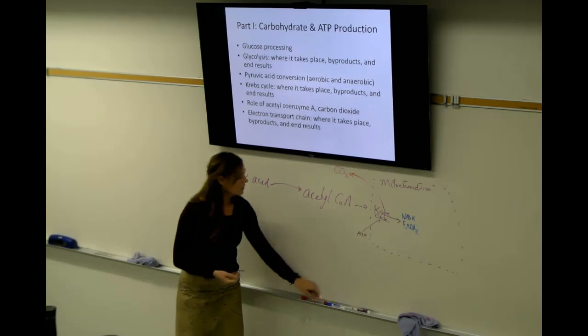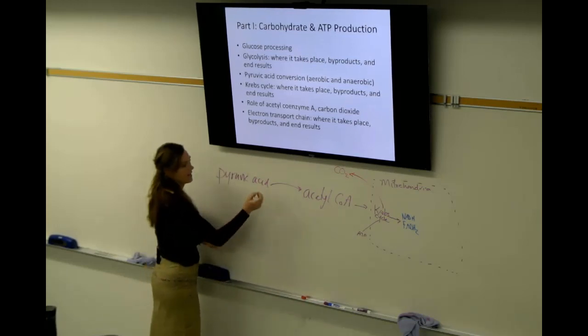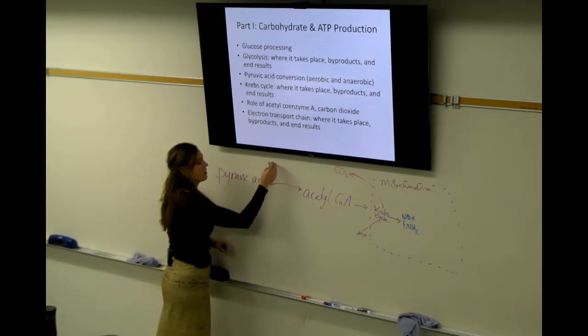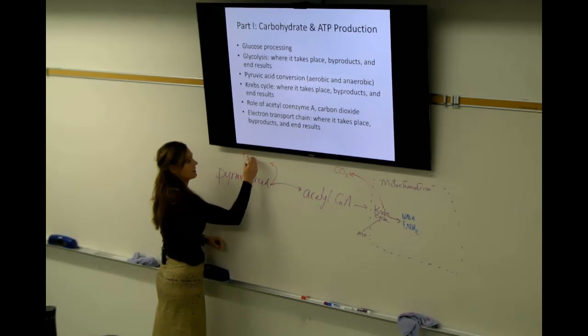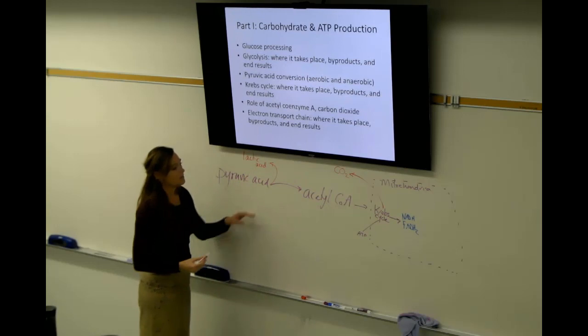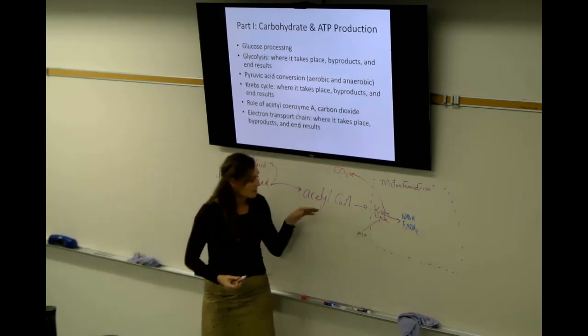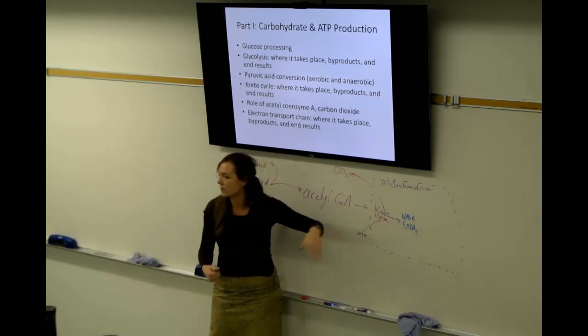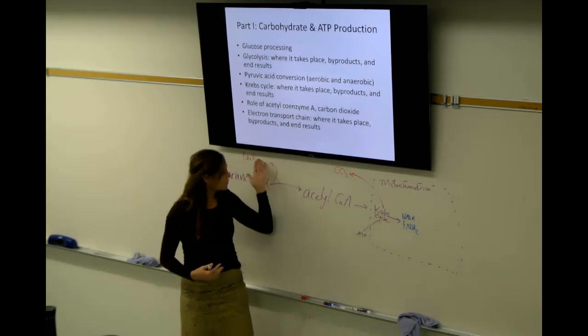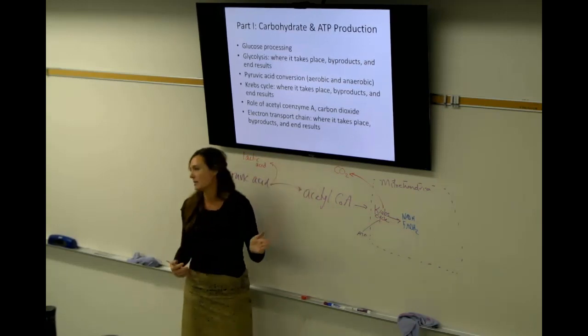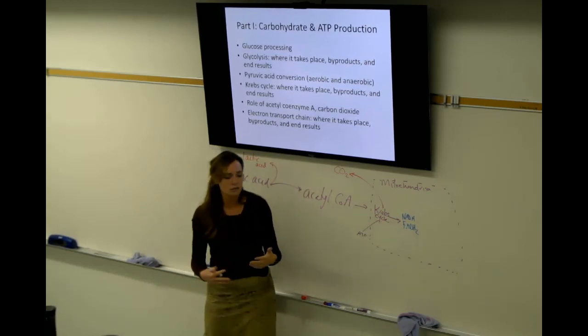Lactic acid. So pyruvic acid, if it can't become acetyl-CoA, will become lactic acid temporarily until the movement of acetyl-CoA into the Krebs cycle is sufficient to take this lactic acid and turn it into acetyl-CoA, and then we can eventually use it for energy.